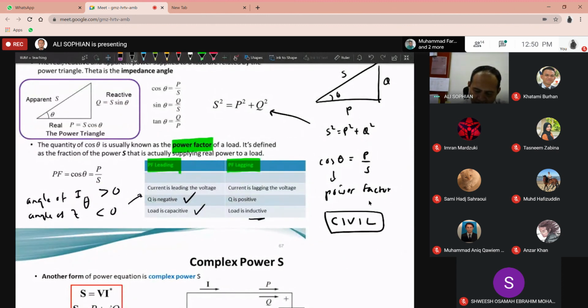So we've got this mnemonic word to help us remember: CIVIL. You've got C and L. C is for capacitors, capacitive load, and L is for inductive load. For the C, you can see that the I comes first, before V, which means the I is leading.